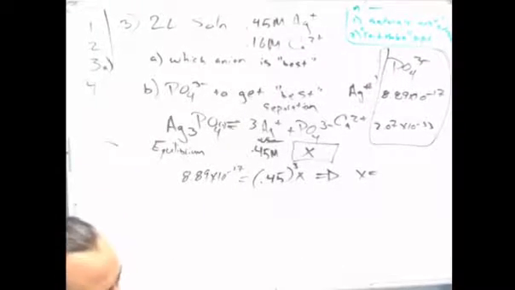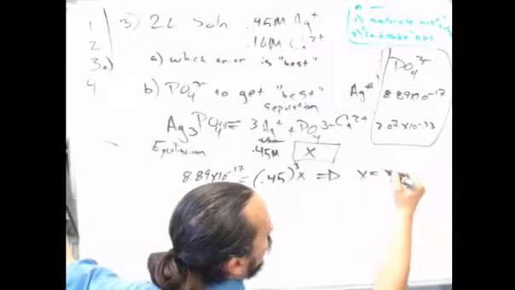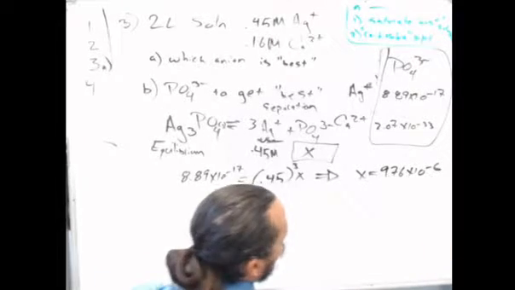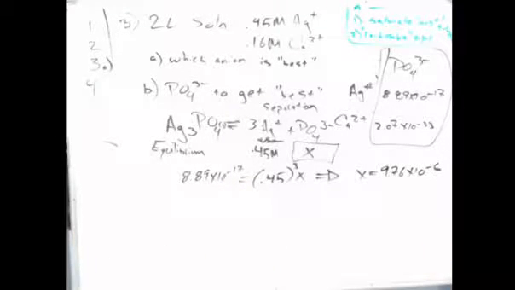I can't do that division in my head. It's 9.76 times 10 to the negative 6. Cool, that's x. And of course, like I mentioned in class on Monday, anytime we calculate an x, we have to slow down and say, okay, what I just calculated, what does the number represent, and what does that chemically mean?